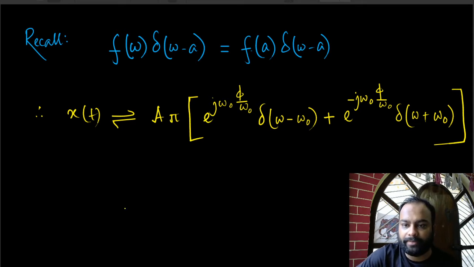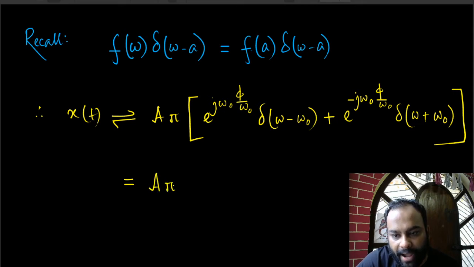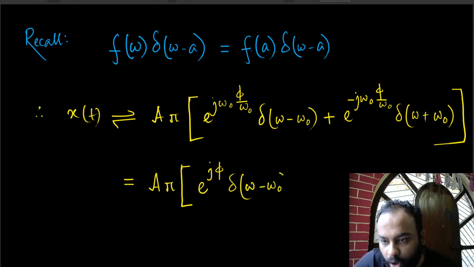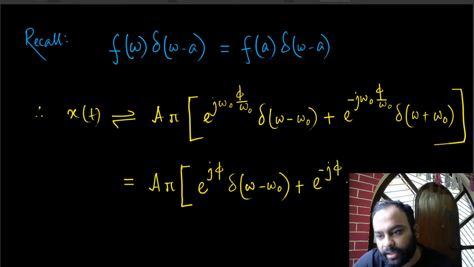Because in the next line, I can do a very simple simplification. I can cancel out these omega naughts. So I would have a pi, and then I would have e to the power j phi delta, now this is a constant, omega minus omega naught plus e to the power minus j phi delta omega plus omega naught.